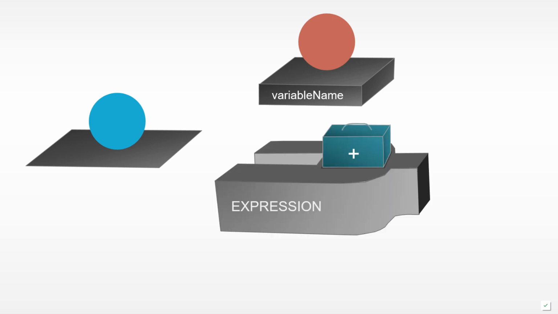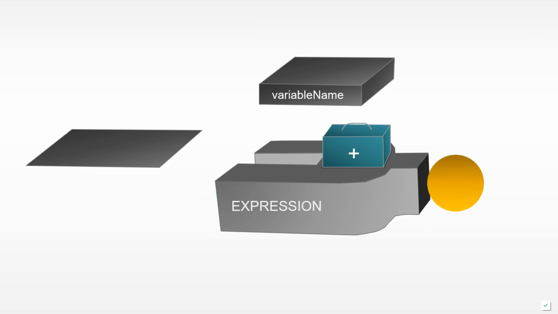And then we would have an expression, which in this case is represented by an addition operator. We will talk about what operators are in just a little bit. The main point would be that the addition operator in this case can accept the two values as inputs and then can generate an output by adding up the two numbers. The output would in fact be the value of the expression.